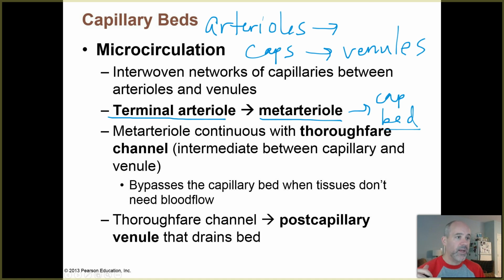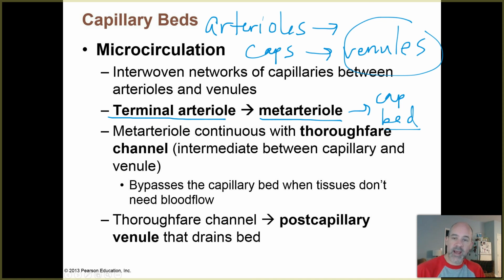Now remember how we said that capillary beds are not always open to blood flow. If the tissues served by the capillary bed don't need oxygen gas, the capillary bed gets closed off, and in that case, well, you still need your blood to bypass that capillary bed. It still needs to get to a venule so it can continue its journey back toward the heart.